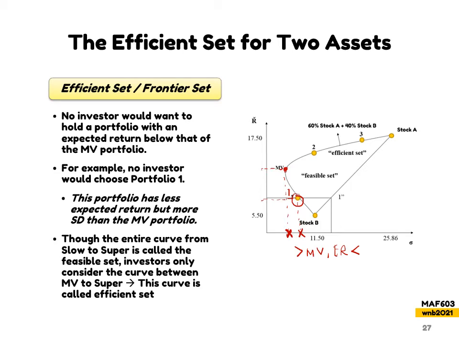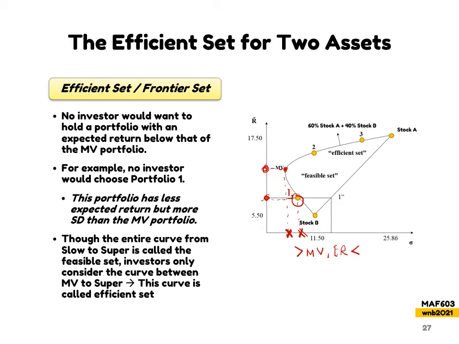This portfolio has less expected return but more standard deviation as compared to the minimum variance portfolio. Takkan kita nak pilih investment yang berisiko besar atau berisiko tinggi, tapi pulangan dia, return dia lagi rendah.